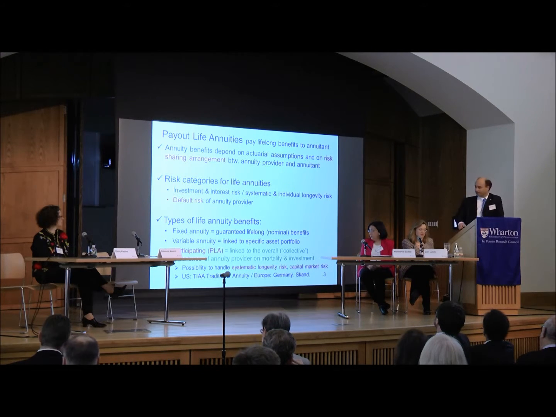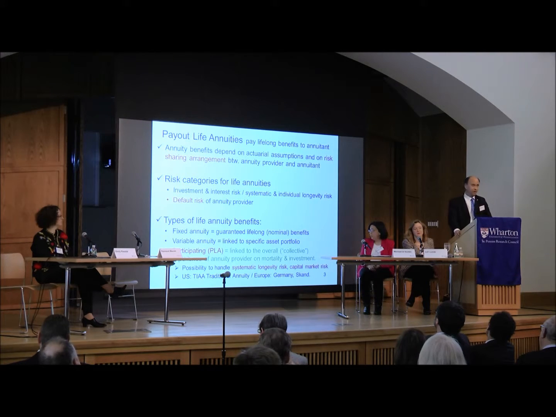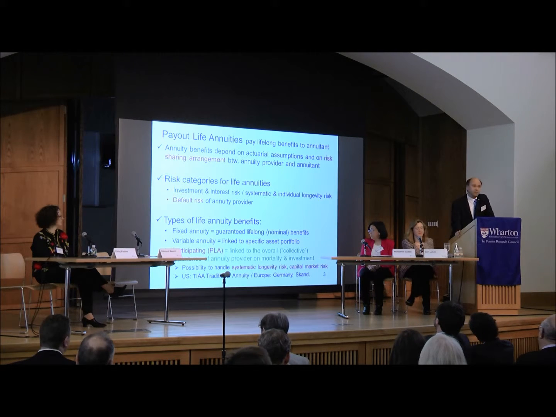That's a very attractive possibility to handle systematic longevity risk and also the complicated interest rate risk, in the situation where you do not promise too much. Then you see how it's working with the mortality experience, and you can provide the annuitant with higher or lower benefits.